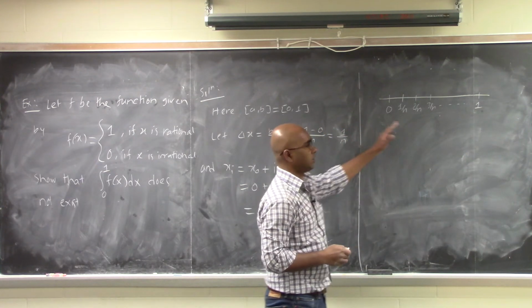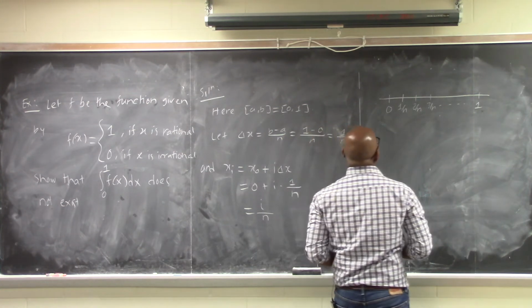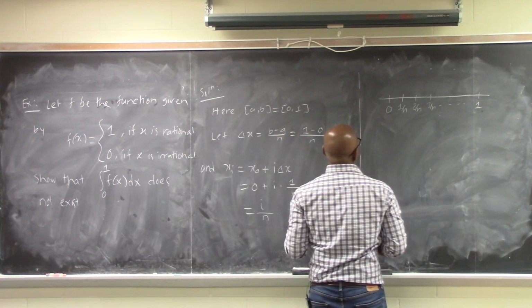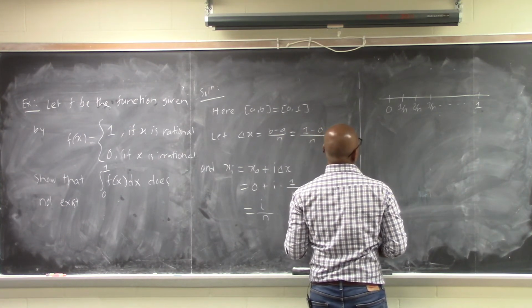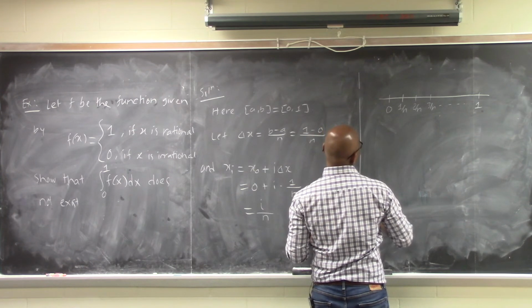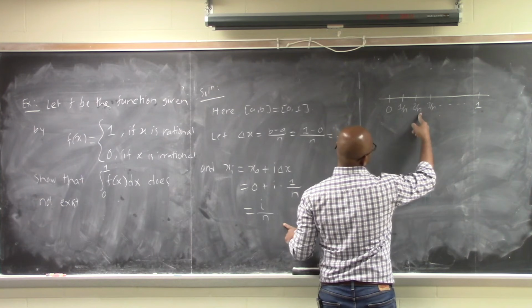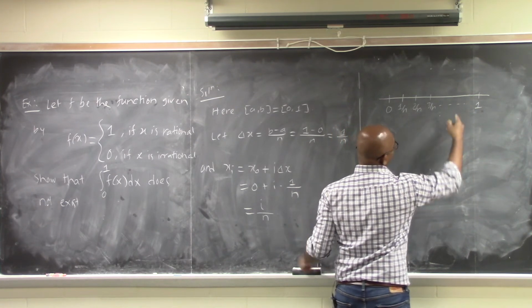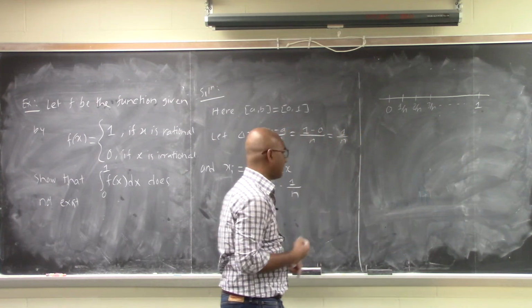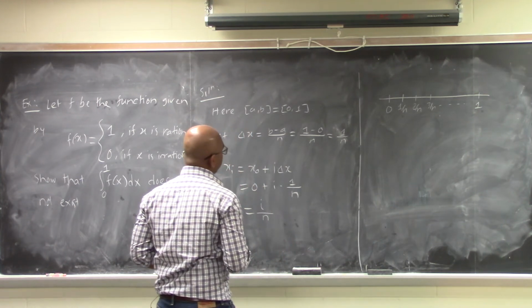Okay, so that's the partition of this interval. And notice the intervals are like this: 1 over n to 2 over n, and then 2 over n to 3 over n, right? And 3 over n to 4 over n, like this. Okay? All right.